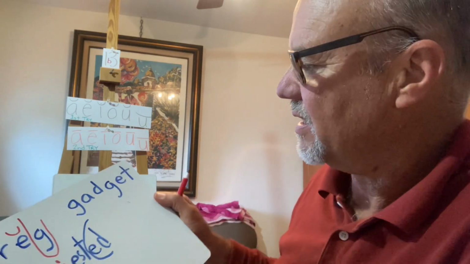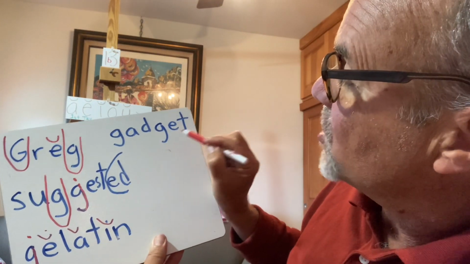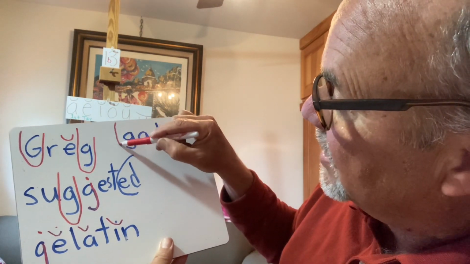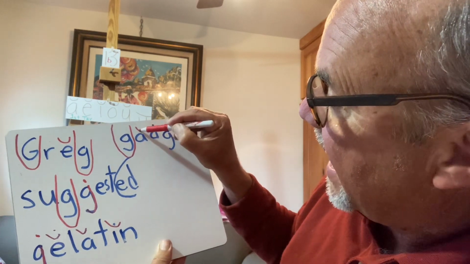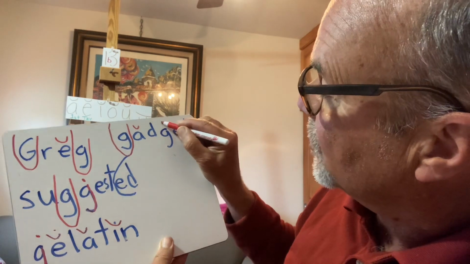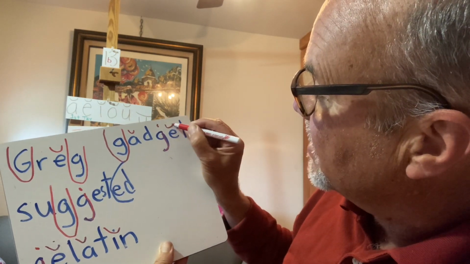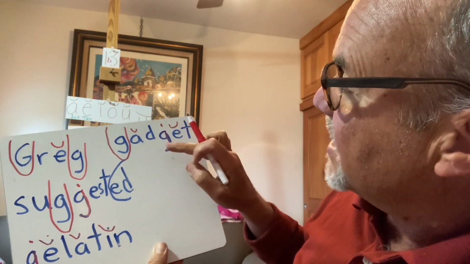Okay, let's mark it. Gad, you get to the D right here. Gadget. G uses its own sound. G followed by I, E, or Y steals J. Gadget.